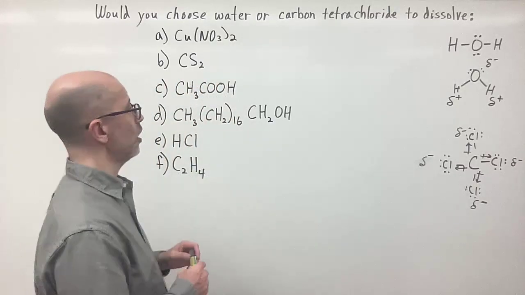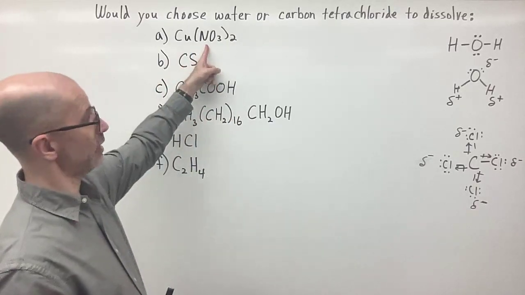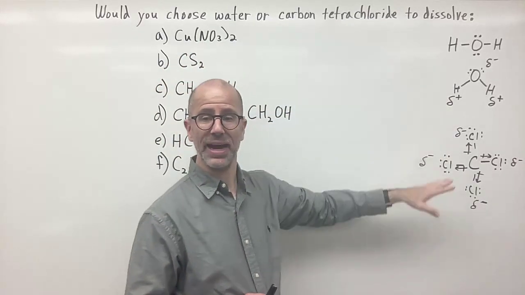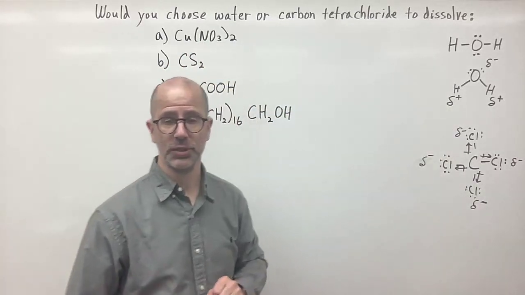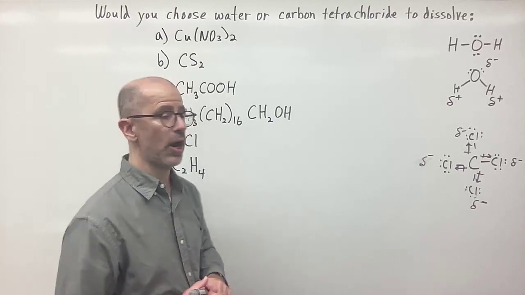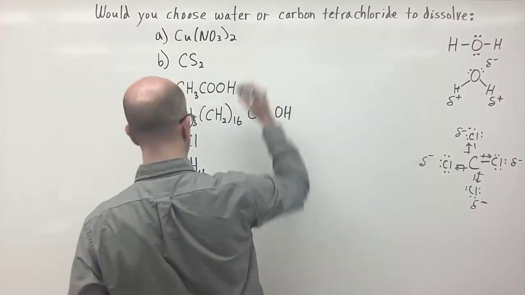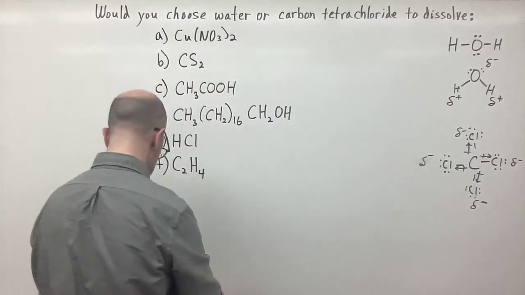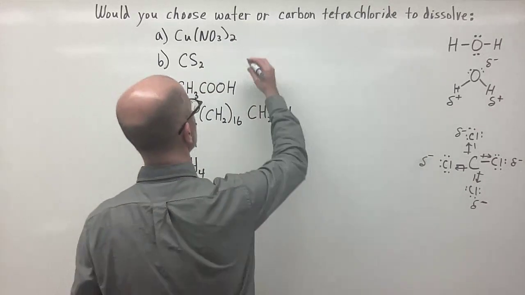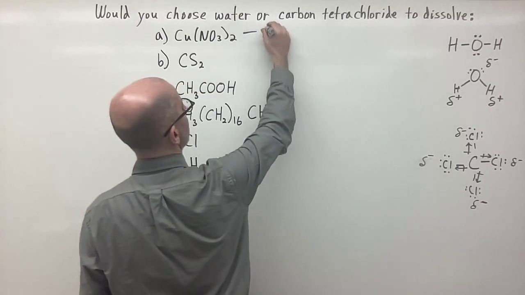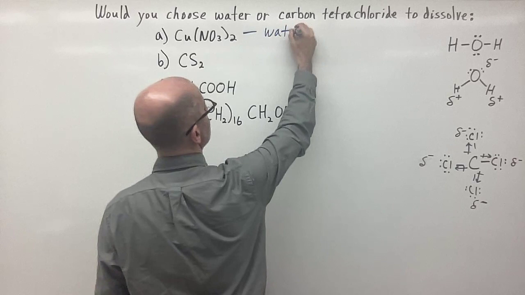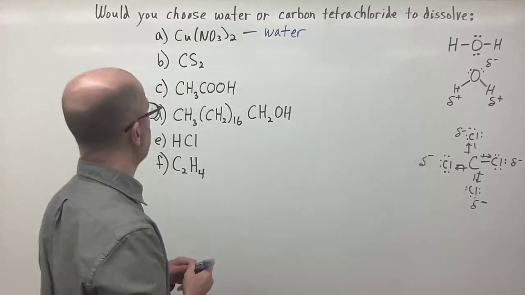Therefore, we would expect this to dissolve in water and not in the nonpolar carbon tetrachloride. So here we would say, let me use a different color, blue, water. So that would dissolve in water.